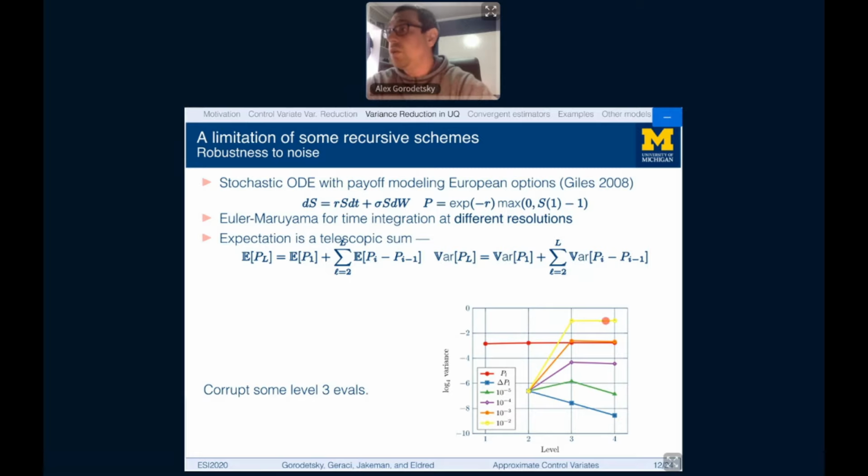The yellow one, which is hard to see, is 1 out of every 100 samples corrupted. The orange one is 1 out of every 1,000 corrupted, and so on and so forth. As more and more are corrupted, you see this variance decay becomes broken, and therefore this recursive approach begins to suffer because all of the information is passed through this recursive hierarchy.